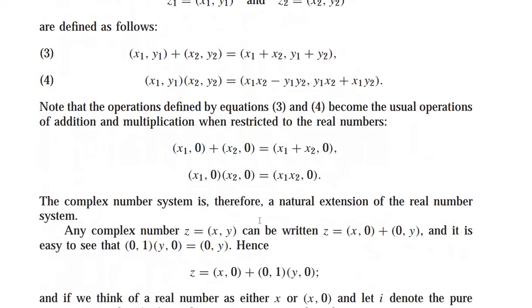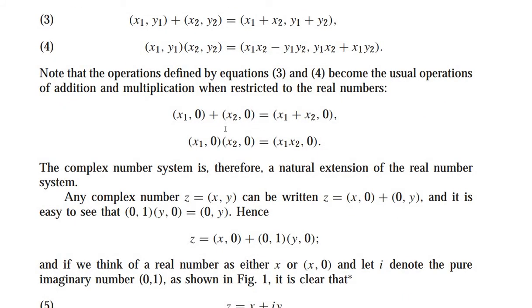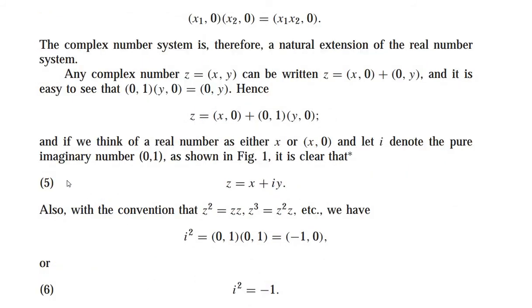Now these are their examples. They sum the complex numbers, x1 plus x2, and 0 plus 0 is 0, and here they multiply. In equation 5, z equals x plus iota y. When we use the bracket form, we don't use iota.